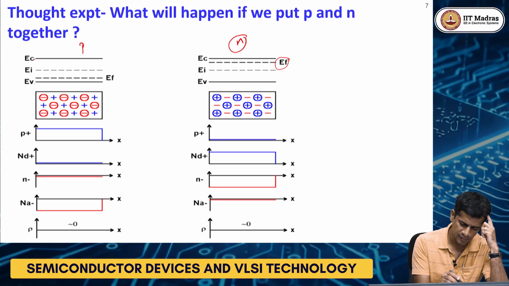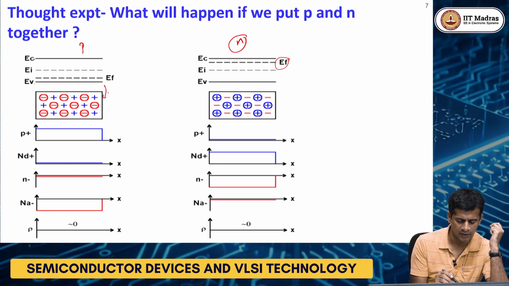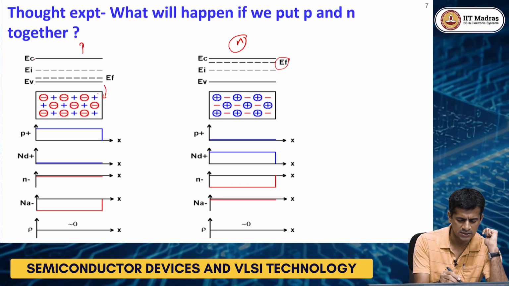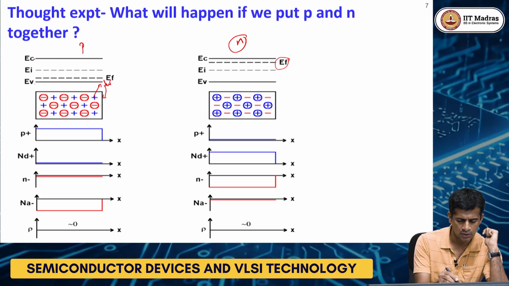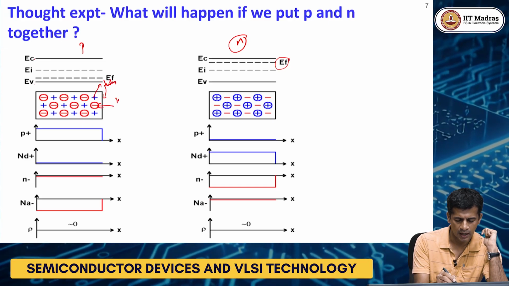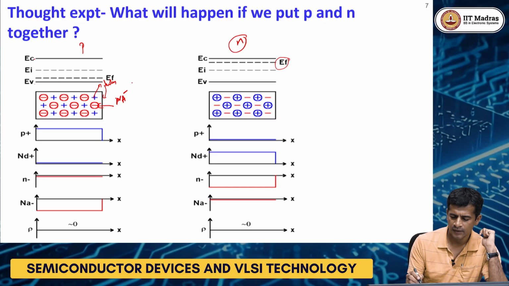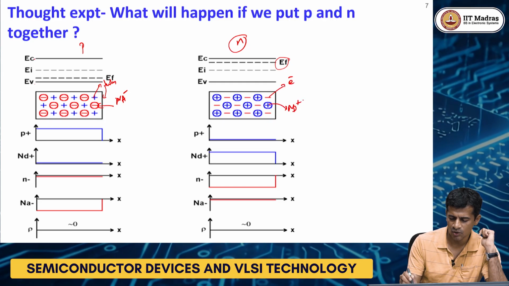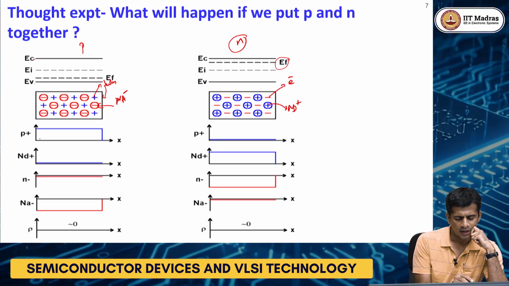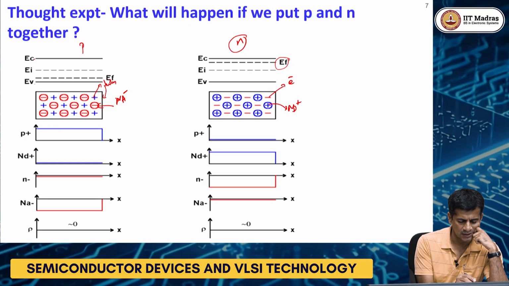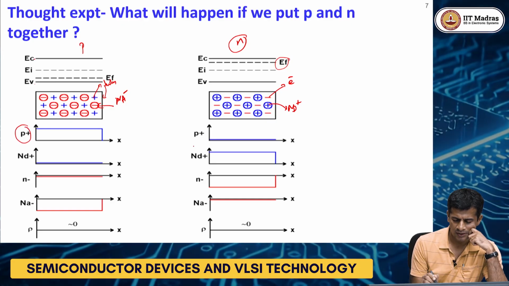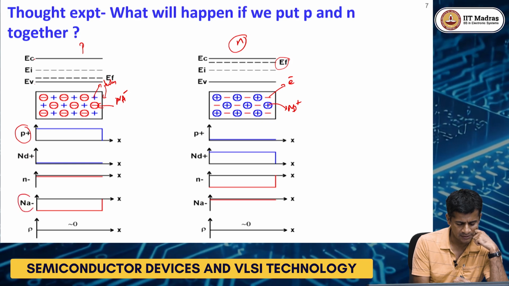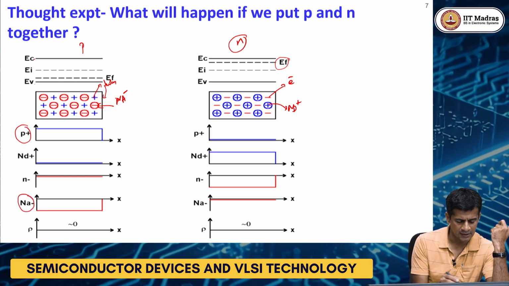And if you look at the charge profile, what are the charges you see? This is P-type, so you have the holes here, these pluses, and these are the ionized acceptors, Na minus. Similarly, on the N side these are the electrons, and this is Nd plus, the ionized donors. On the P side you have a lot of holes and a lot of ionized acceptor atoms.